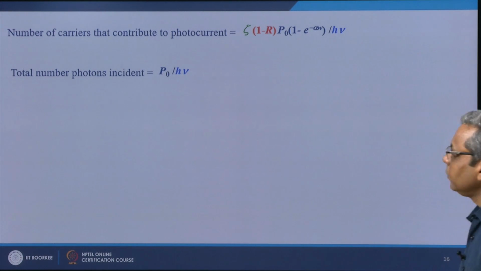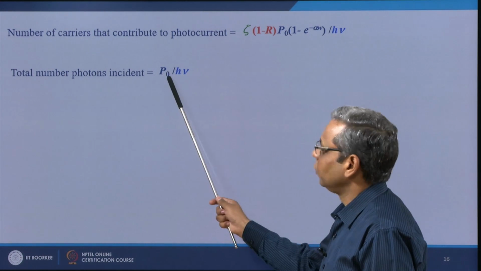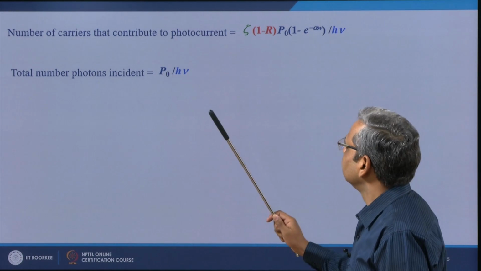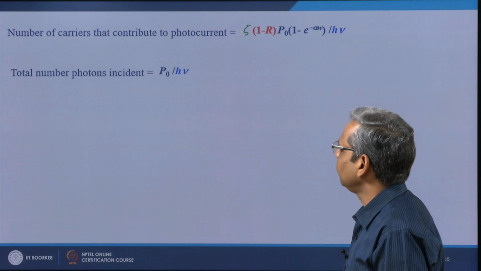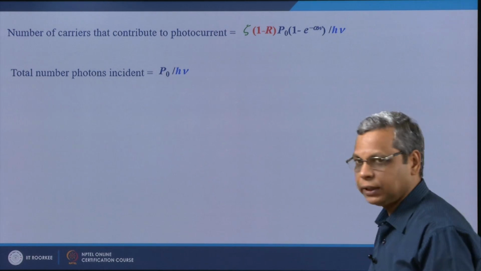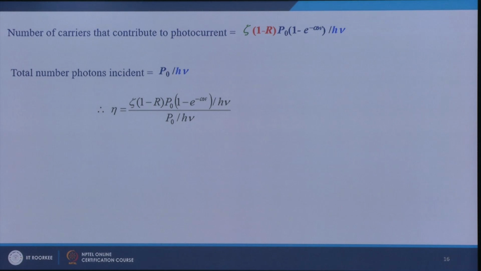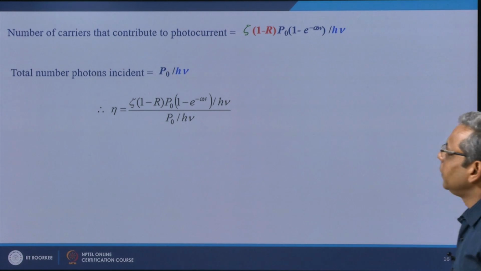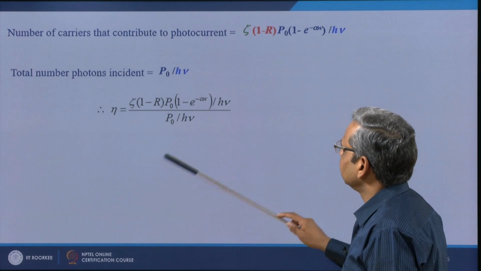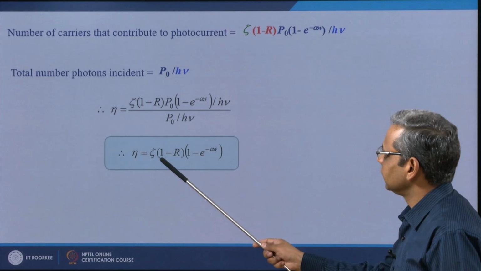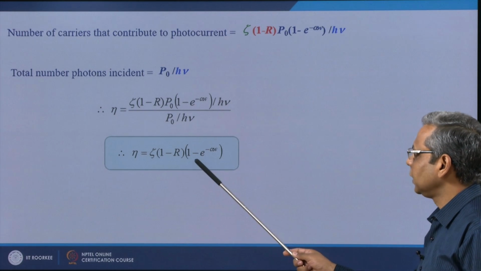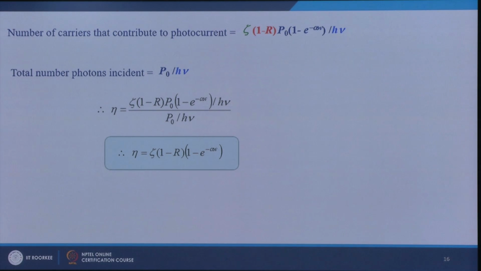Now, what is the total number of photons incident? Total optical power incident divided by energy of one photon. So, these are the total number of photons incident per unit time. So, the quantum efficiency would be this divided by this. So, eta would be zeta times 1 minus r times 1 minus e to the power minus alpha w.